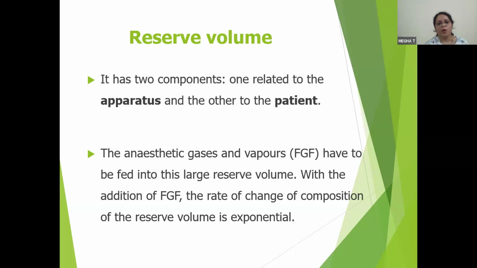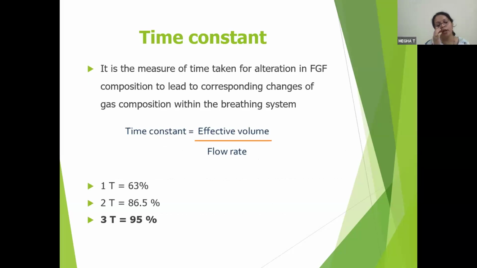So why is this important? Because the anesthetic gases and vapors have to be fed into this large reserve volume. That's why it's important. And the time constant is very important when we talk about low flow anesthesia. This is a formula called Conway's formula. Time constant is effective volume divided by flow rate.